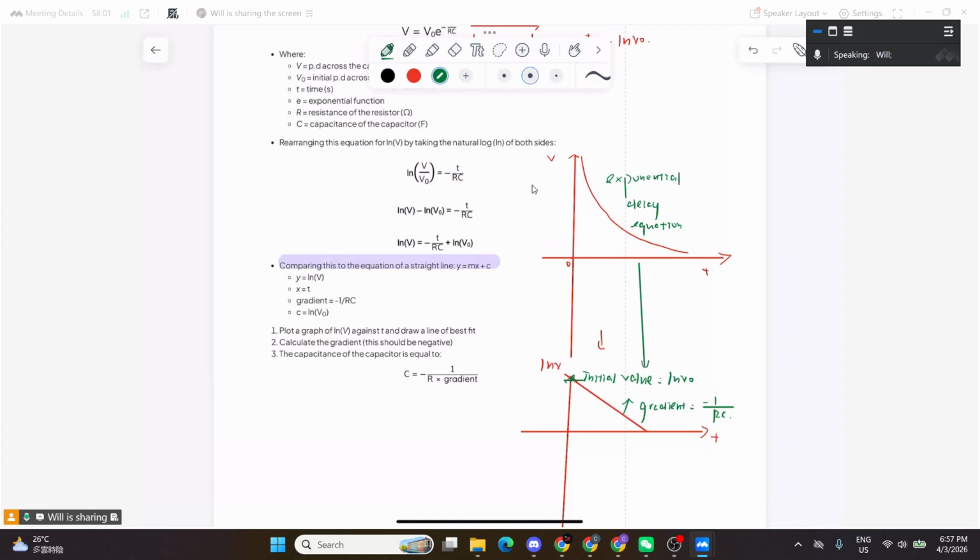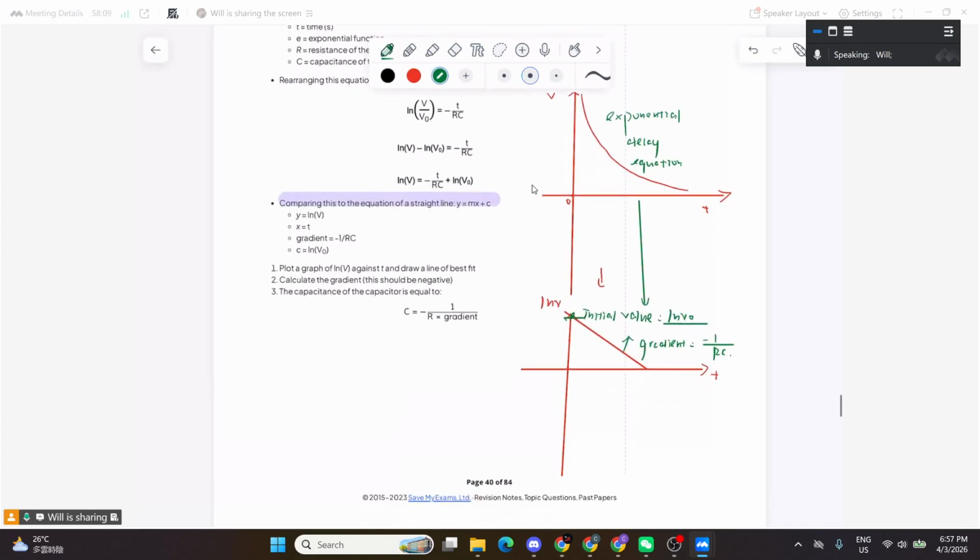We use the straight form to easily get the initial value and the gradient. And if we want to find the time constant, it equals -1 over the gradient.